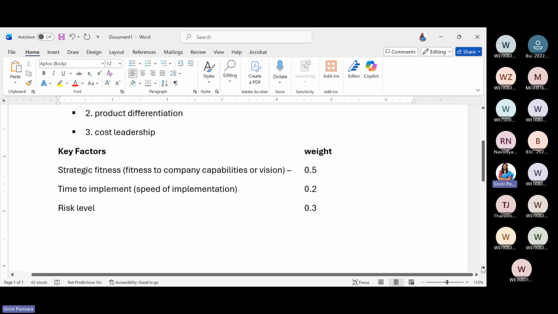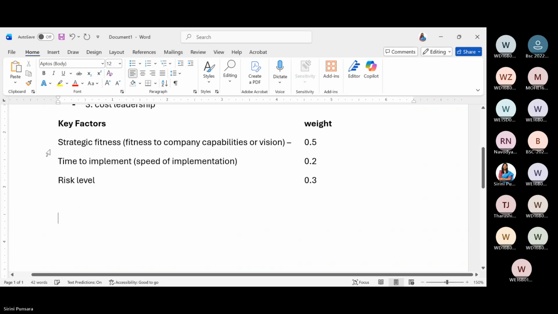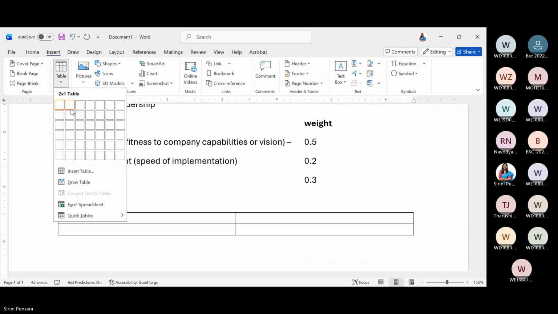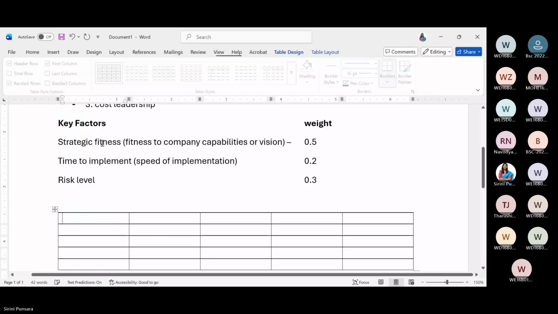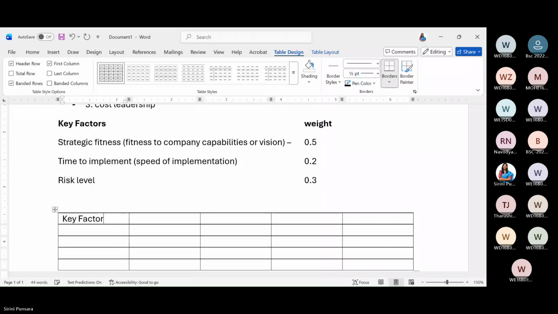Okay, so here we'll be taking key factors. Then weight.